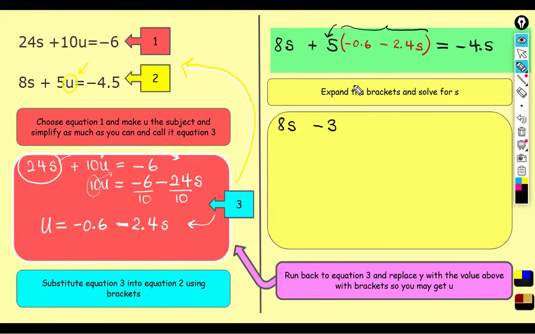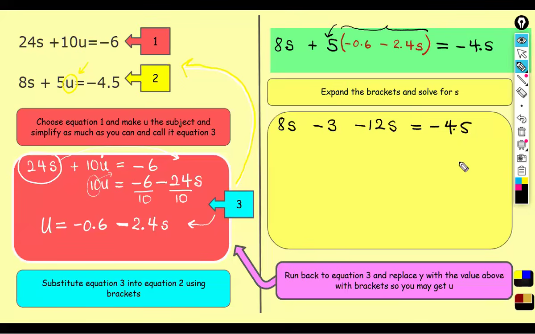And 2.4 by 5 is minus 12, and it has an S. I'll do that in slow motion again just now. When you multiply a positive by a negative, you get negatives. 5 by 0.6 is 3. You can check it on your calculator. And 5 multiplied by 2.4 will give you 12.